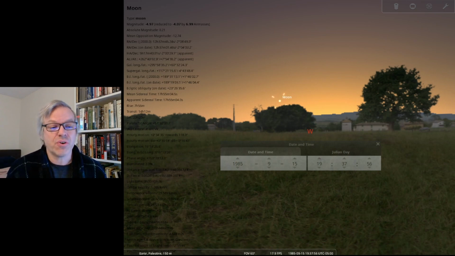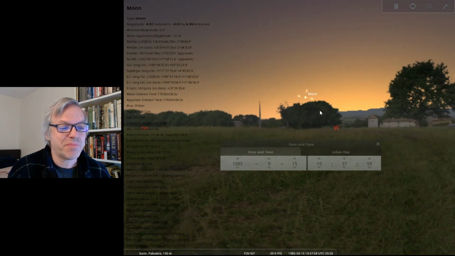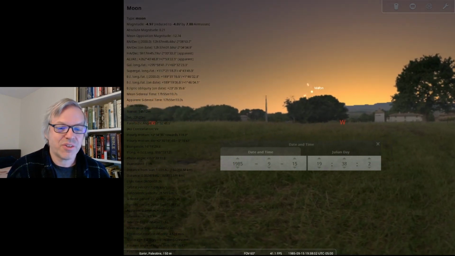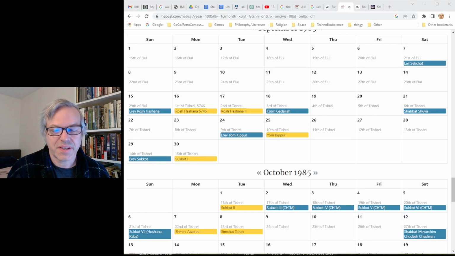I have to go and look at my astronomical simulator here, and look at the calendar. I'm trying to estimate something. I'm looking at the first day. The new moon should be visible on the 15th of September, right?